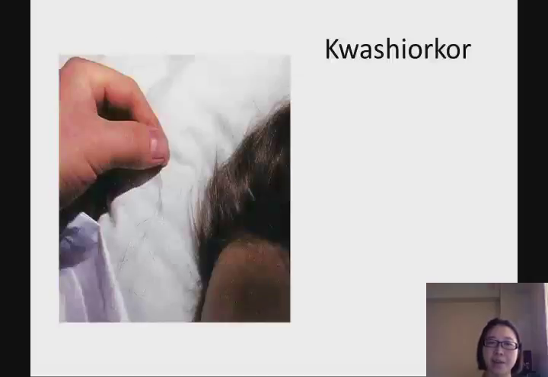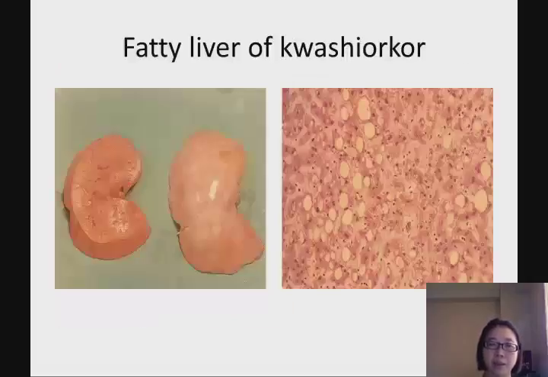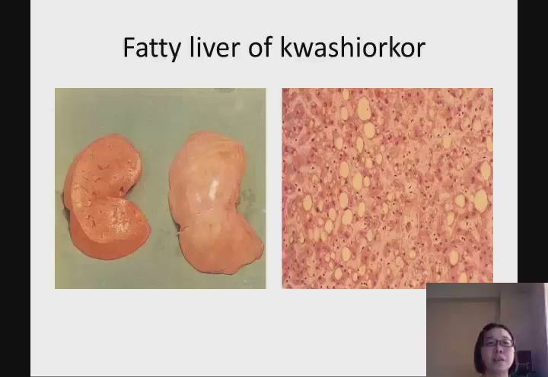So why do they have hair that is very easily pulled out? Why do they have fatty liver in these Kwashiorkor kids? Remember, we need something to transport the fat out from the liver, and that is called lipoproteins. Since we call it lipoprotein, it needs protein to make it.